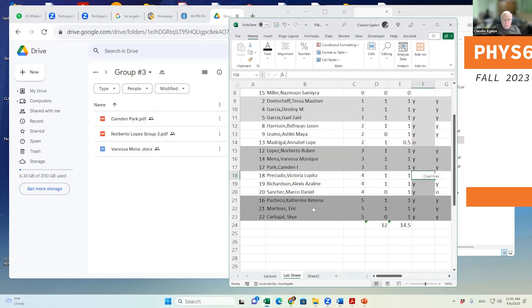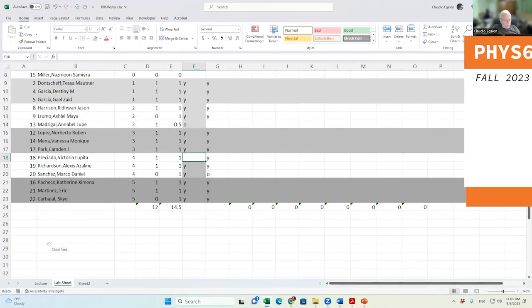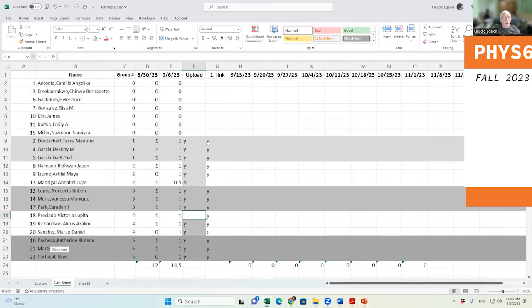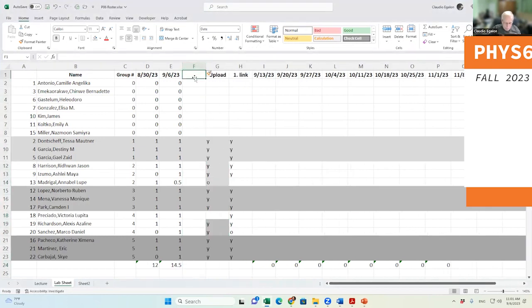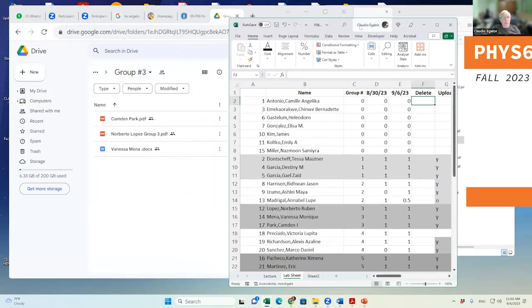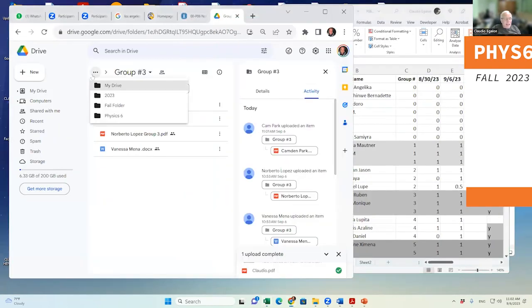Okay, the next step. Let's do this other step, and then we go for our break. You upload it, and now I want you to delete your file. Okay, one by one. Delete your file. Don't delete the other student's file.